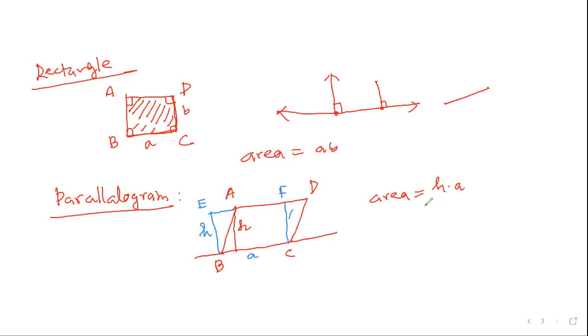This is very important. Why? Because the area of a rectangle is the product of two dimensions, length and breadth. So A into H, and this area is nothing but the area of the parallelogram. So H into A, right? Okay. Now once we know the area of a parallelogram, we can calculate the area of a triangle.